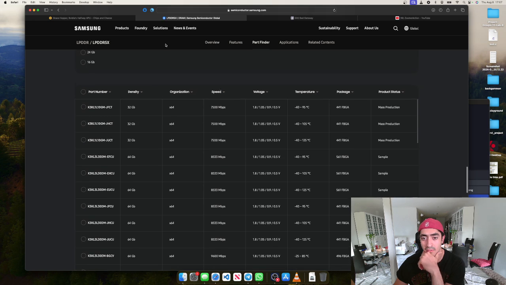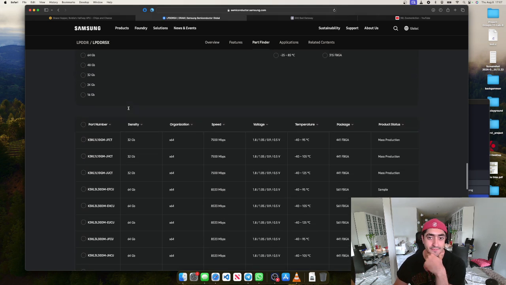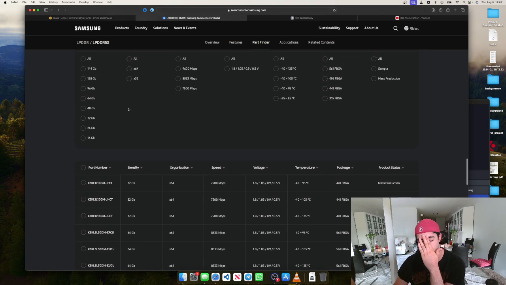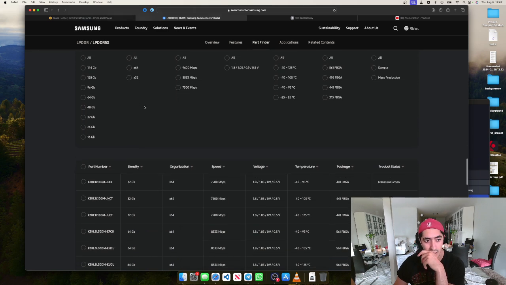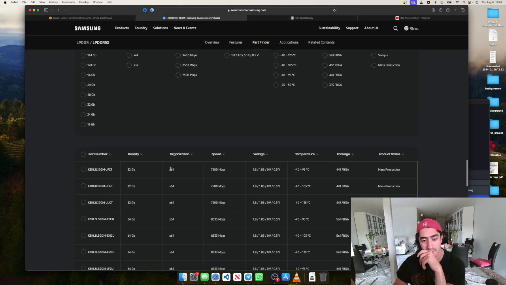So for comparing these, we have the density, which is probably how much memory per centimeter square, maybe. And then it's in 64, so it's integer 8 bytes.